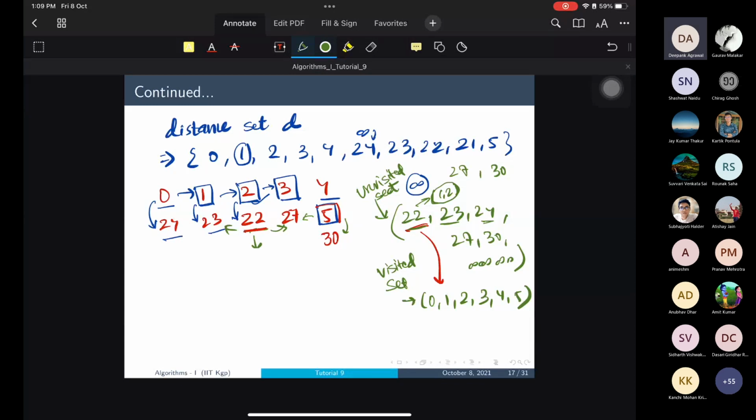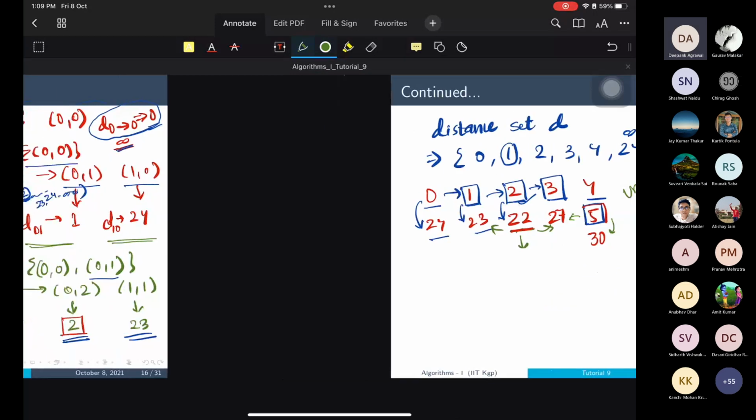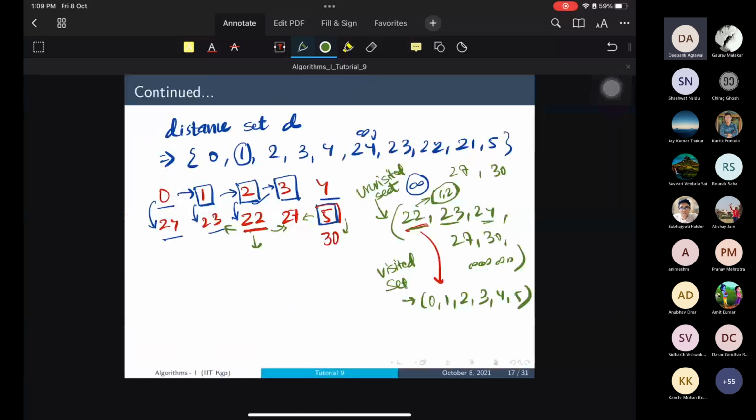I'm explaining in terms of value because all the values are distinct and it's easier to understand, but you do understand that we are doing this for the cell. 22 is the cell 1,2. So 1,2 comes out and its neighbors are 1,3 and 1,1 and 2,3, because 0,2 is already visited.